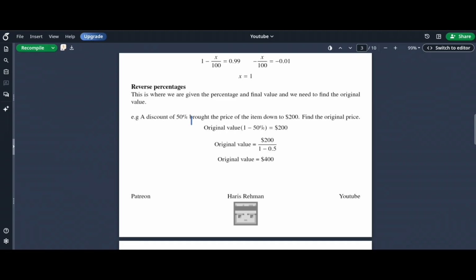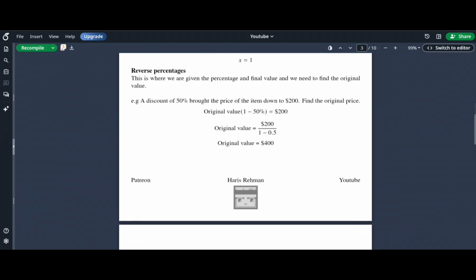See how it goes? Example: a discount of 50% brought the price of an item down to 200. Find the original price. So how do you see this? An item has some original value. It went on sale, down by 50%, and now you have to pay 200.